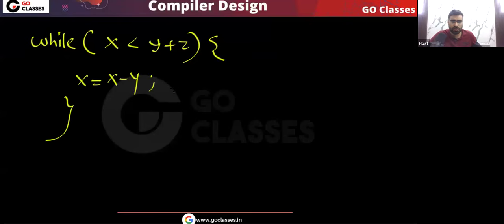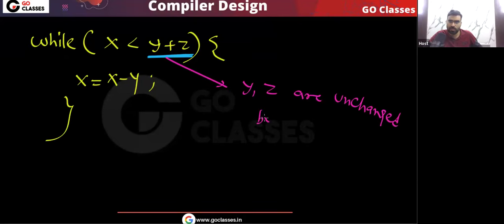Very simple point you notice: y is not changing, z is not changing in this loop. Y and z are unchanged by the while loop.